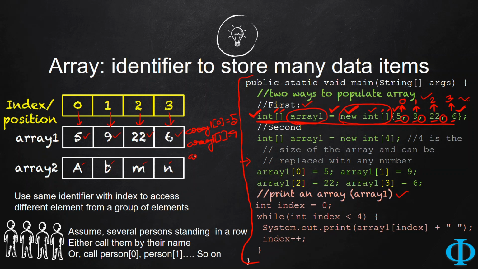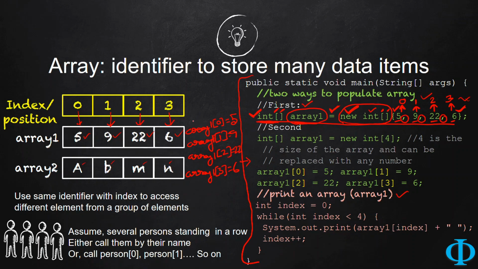Then array 1, index 2 is having the value of 22. And finally, this array 1, index 3 has the value 6, like this.